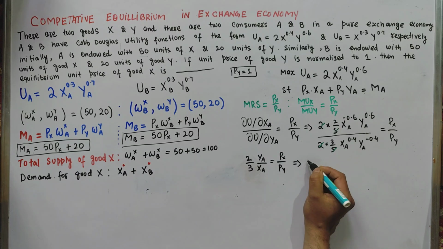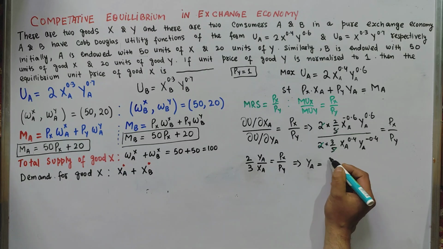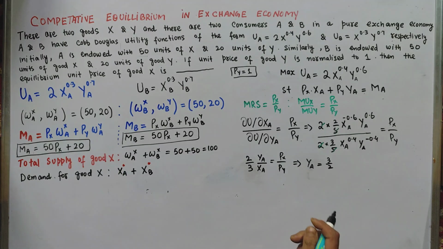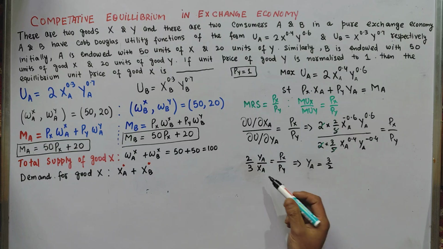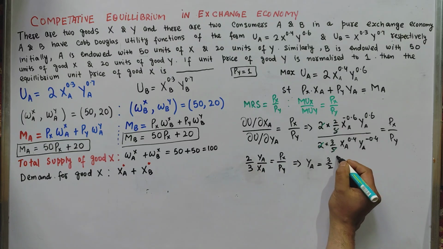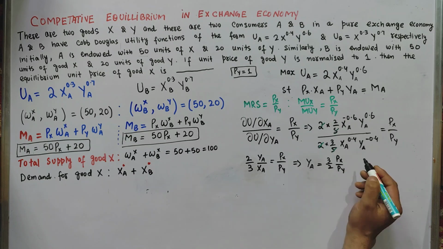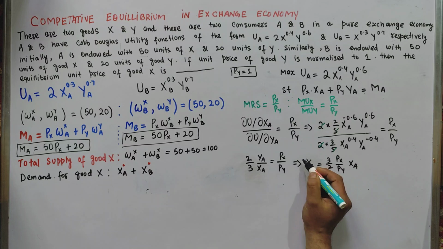Solving for ya, that means ya will be equal to, transposing this, it will become 3 upon 2. Okay, if it is 2 upon 3, it will become 3 upon 2. Then we have price of x upon price of y, transposing this xa here. Now what will we do?